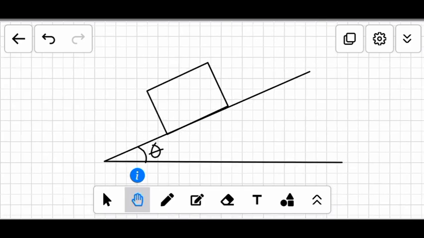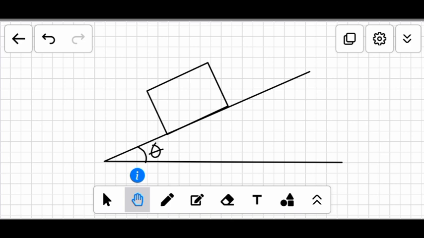So what will be the situation of this object now? So apparently you would see that the object will tend to slide down. Now in this case, don't forget when we were talking about when you place the object on a horizontal plane, the weight of the body is acting directly downward.